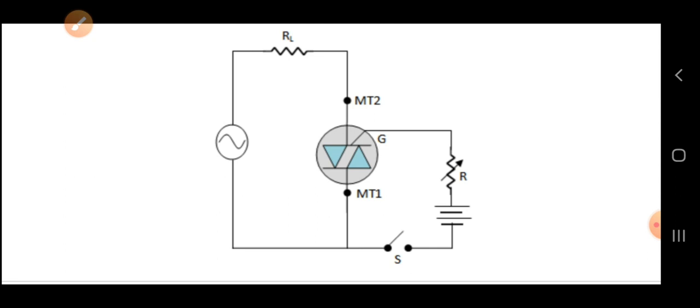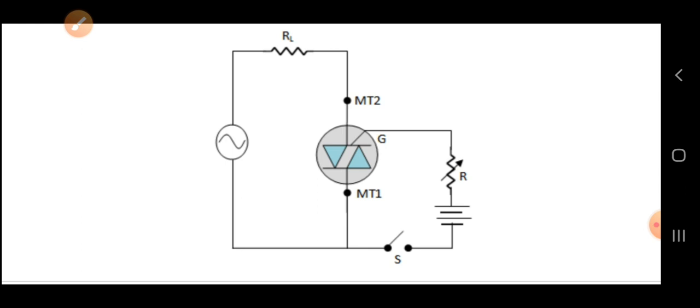Maybe MT2 is positive to MT1, or negative to MT1. Whatever potential supply you are giving to MT2 and MT1, whether positive half cycle or negative half cycle, the terminal polarity may change, but without considering it, the gate current of milliamperes will turn on the TRIAC.